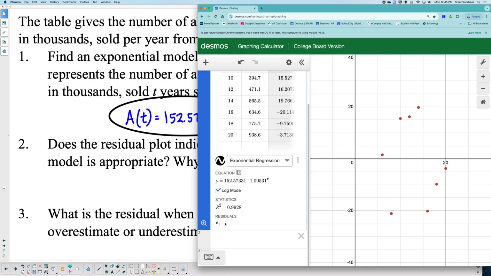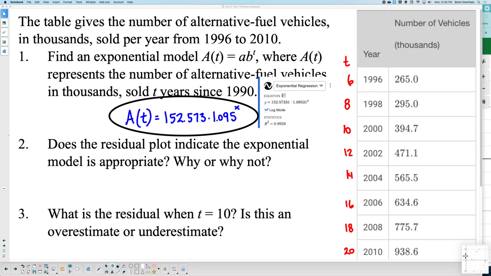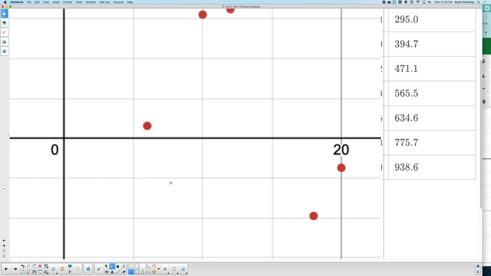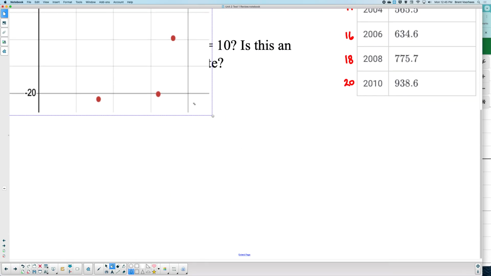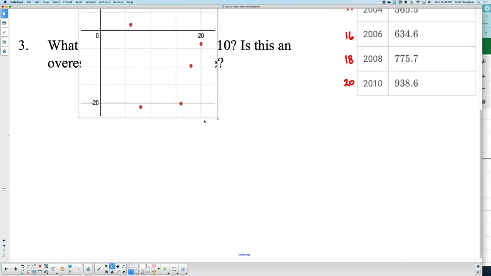So it zooms in right there. Is this good or bad? Appropriate or not appropriate? It is appropriate. Why is it appropriate? No pattern. That's right. It's appropriate since there is no distinct pattern.